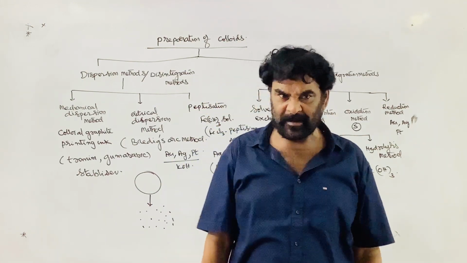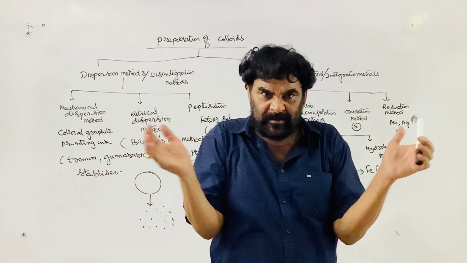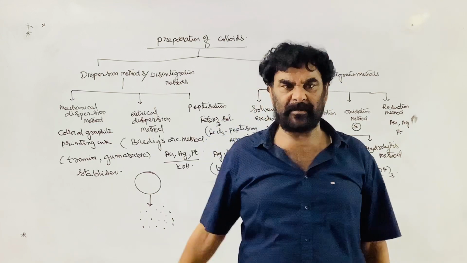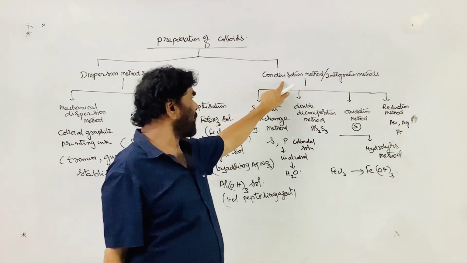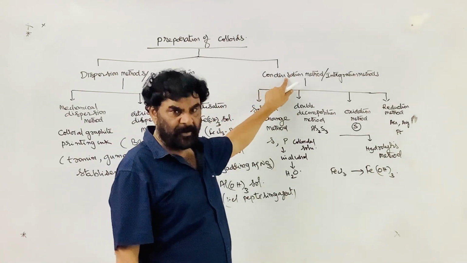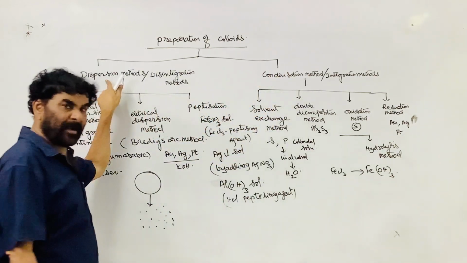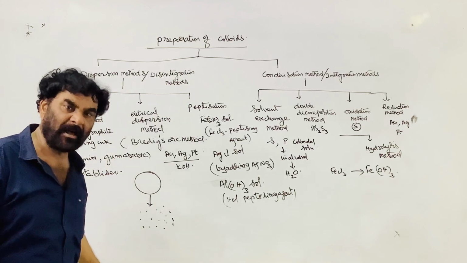It is not an aggregate. Now what we are doing is gathering and combining them and converting them into particles of colloidal size. Here the small particles are taken and converted into particles of colloidal size. In the other method, bigger particles are taken and broken into particles of smaller size.